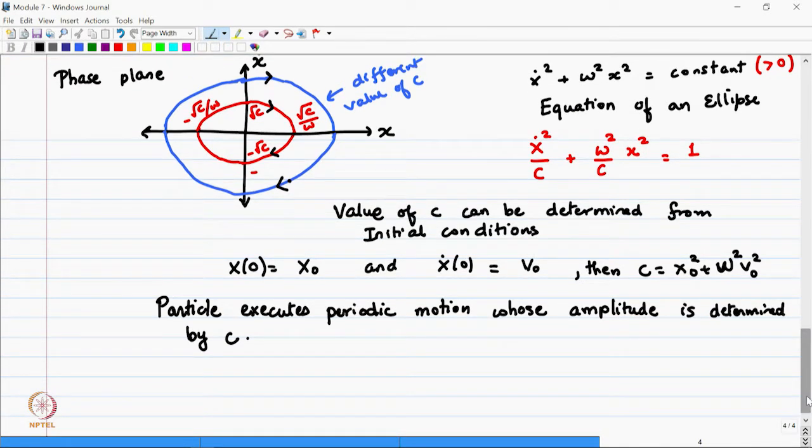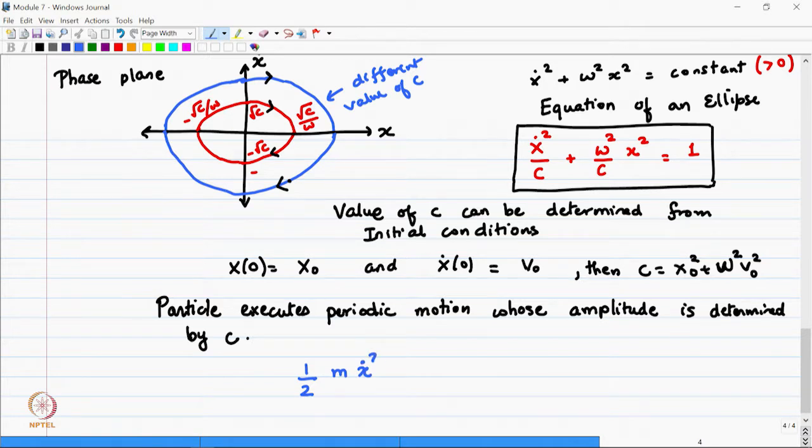Now you know the exact solution of the harmonic oscillator. For example, if you take the classic harmonic oscillator, what this represents is the same as half m x dot square plus half k x square equal to E. This is the kinetic energy and the potential energy, and all I did was write this in a slightly different form.